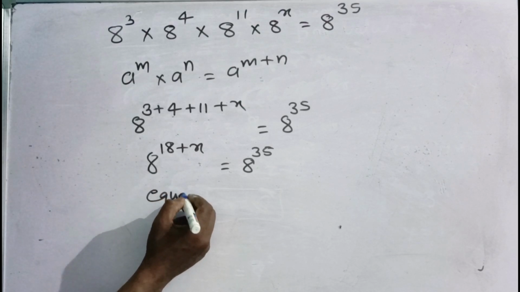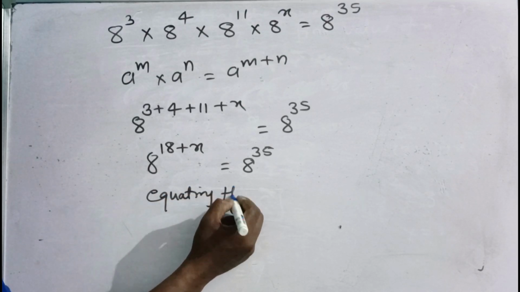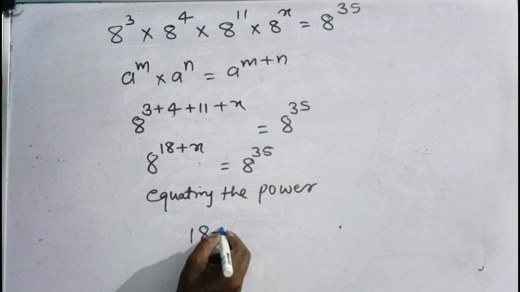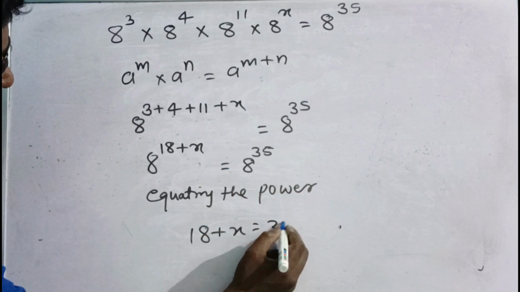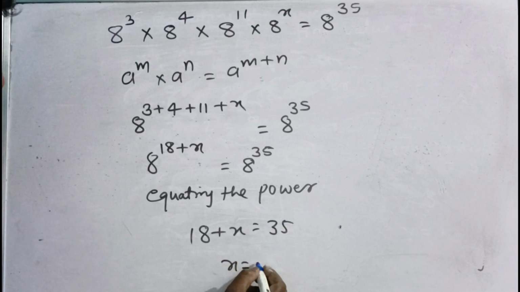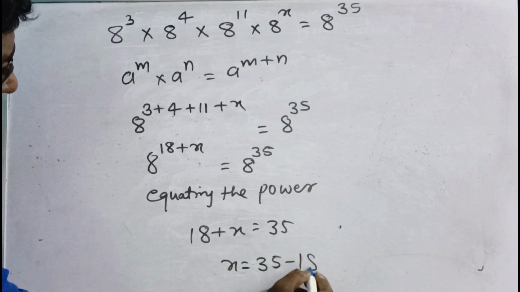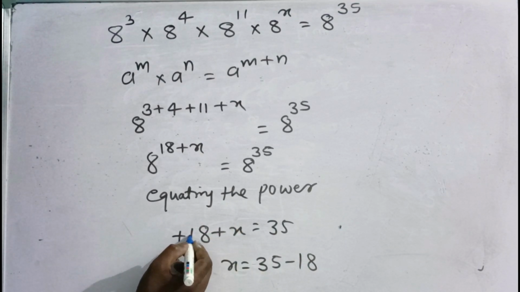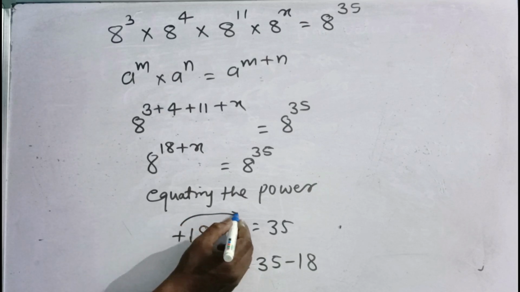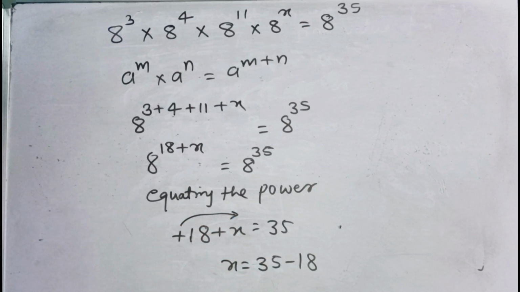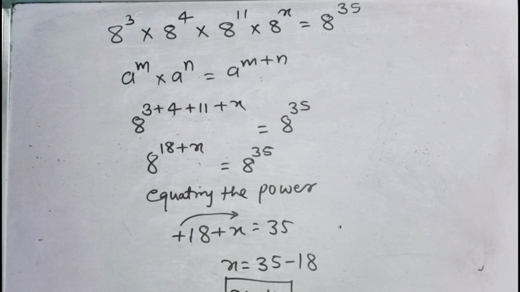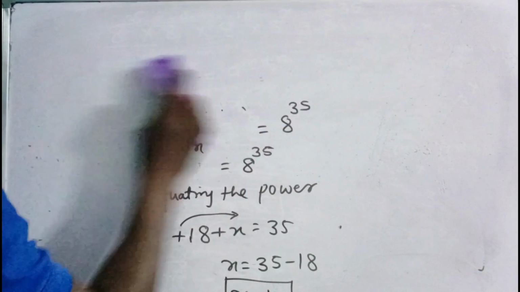Equating the power, 18 plus x is equal to 35. x is equal to 35 minus 18. Why is it minus? On this side there is nothing here, which means it is plus, and when it goes to the right hand side its sign changes to minus. That is, x is equal to 17. This is the answer. Next problem.